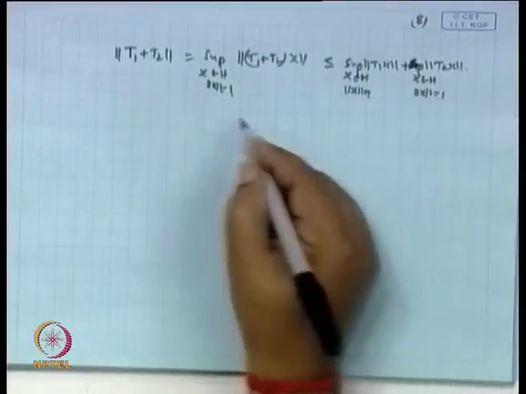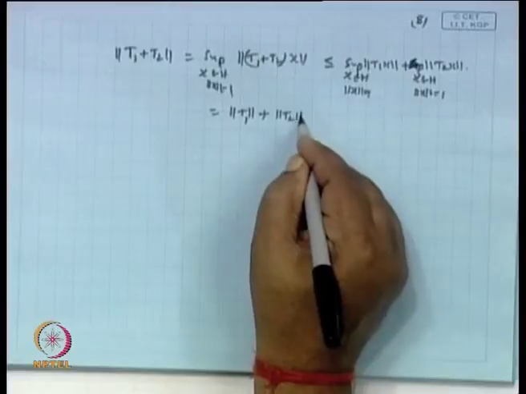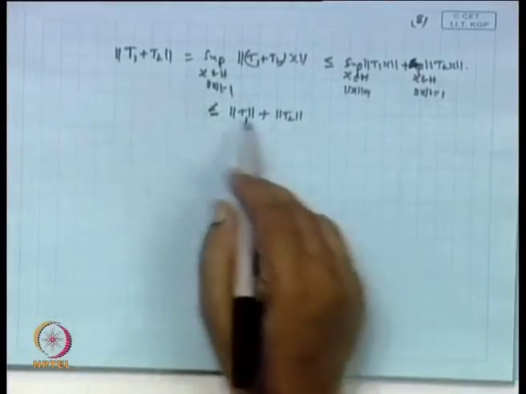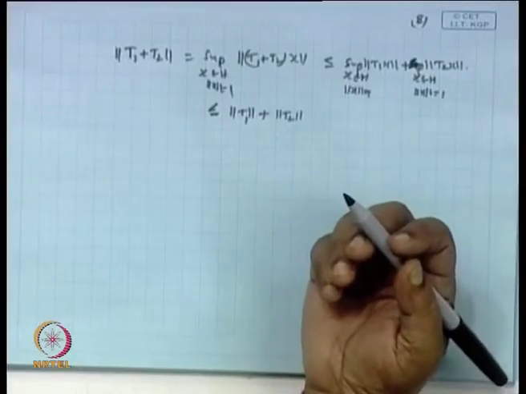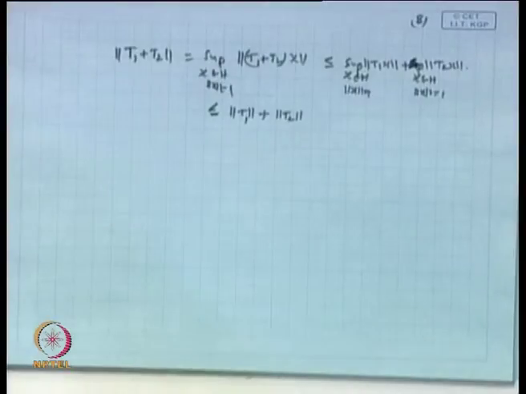So this will be equal to norm T1 and this will be equal to norm of T2. So this shows less than or equal. So basically it behaves as if it is an algebraic inequality. But my point is this is okay.